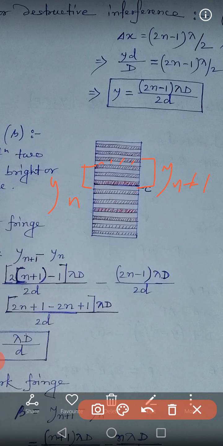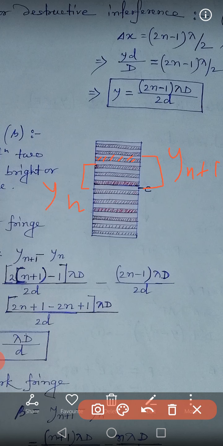Similarly, if you want to find out the width of a dark fringe, what are we supposed to do? Suppose you want to calculate the width of this dark fringe. From C to this bright fringe, suppose the distance is yn plus 1, and for this bright fringe, the distance from C is suppose yn.